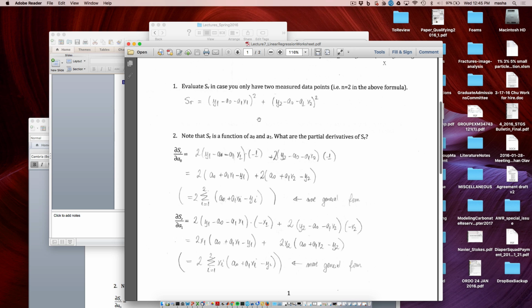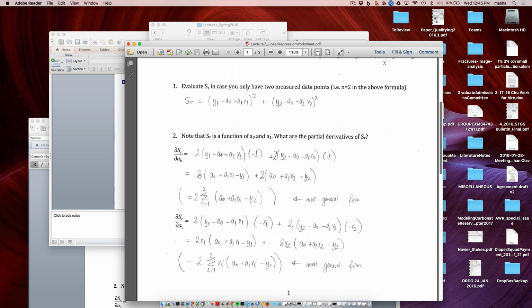This is the partial derivative with respect to a0 of this term. And the second one is 2 times this thing, again times minus 1. And the other ones I treat as constants. So now when I write that up, this is what I essentially have.